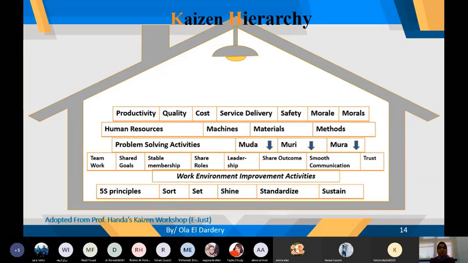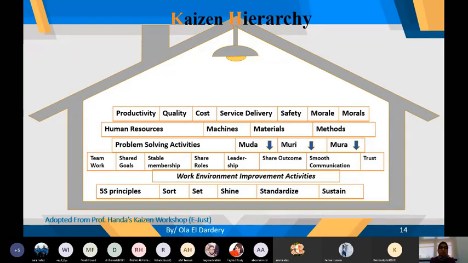So what are those managerial targets that any Kaizen event would want to achieve? First of all, it focuses on productivity. This is whether in service or manufacturing. Productivity is a very important aspect. We need to make sure what productivity level we want to achieve and reach that level.